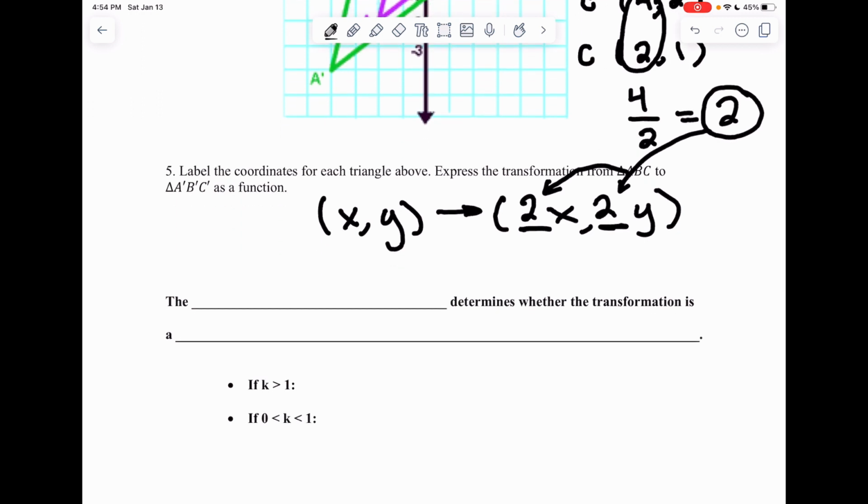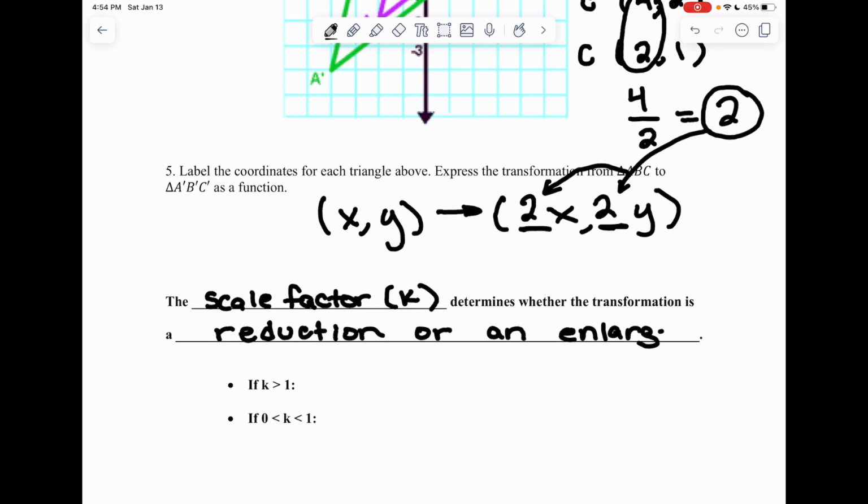So the scale factor determines whether the transformation is an enlargement or a reduction. Just by looking at the scale factor, we can determine if our figure is going to get bigger or smaller.